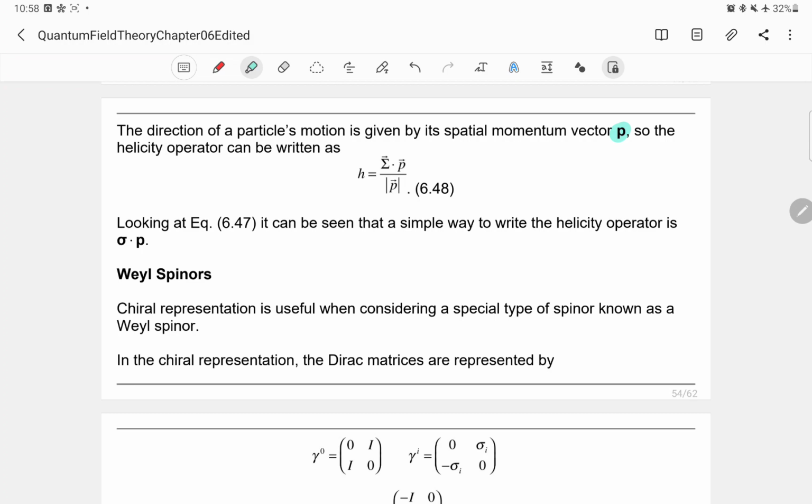So the helicity operator can be written in terms of h, which is given by this expression here. Just the vector sigma, capital sigma, dotted with the spatial momentum vector. That is the helicity operator, thus we are using h here.